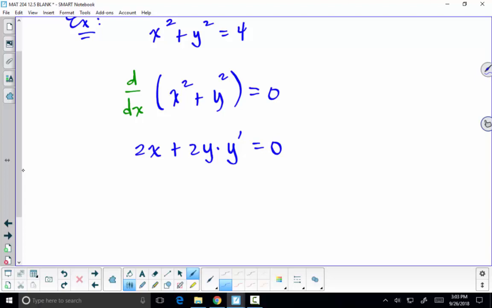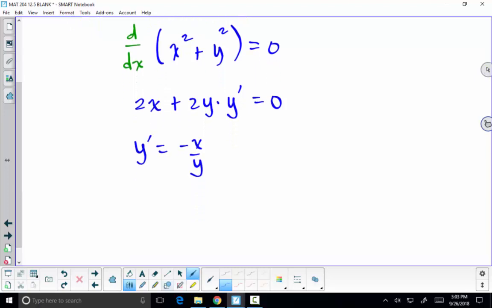And so then you end up solving for y prime, and you get that y prime is negative x over y. So with implicit differentiation, you frequently are going to have both of your variables in your expression for the derivative.